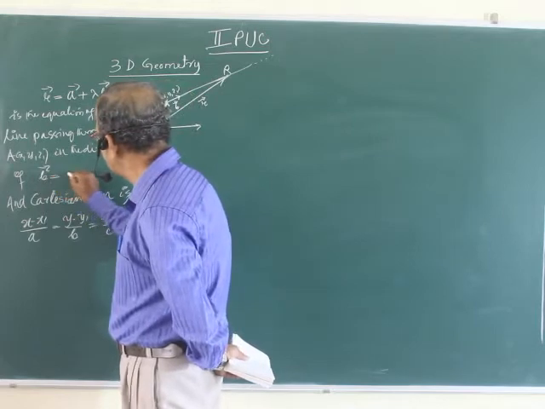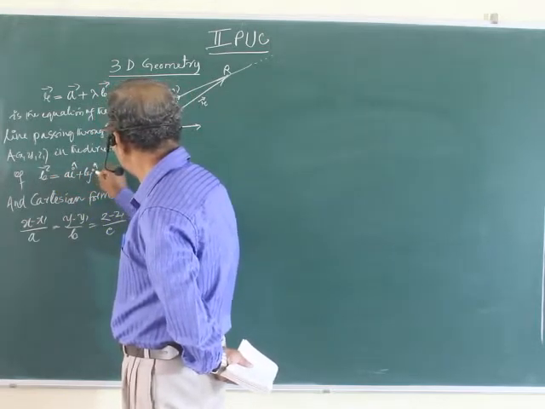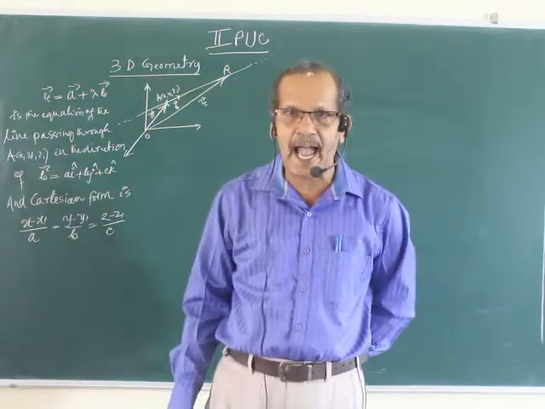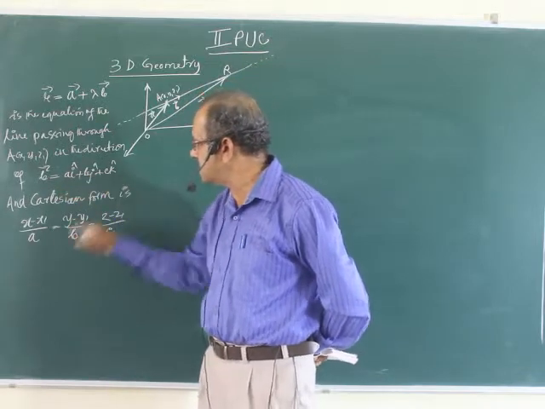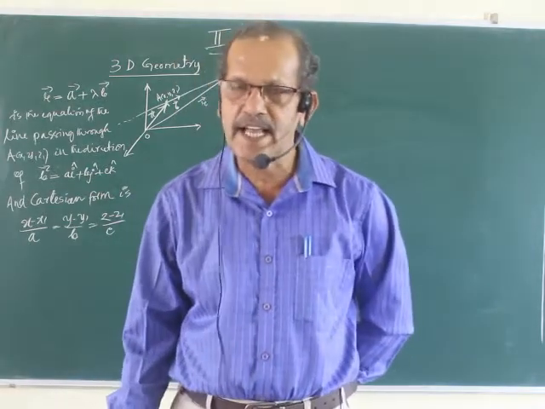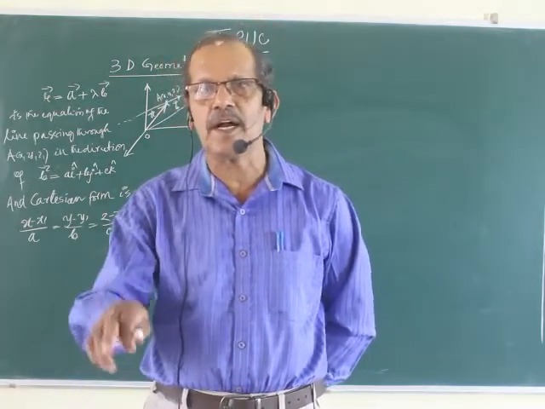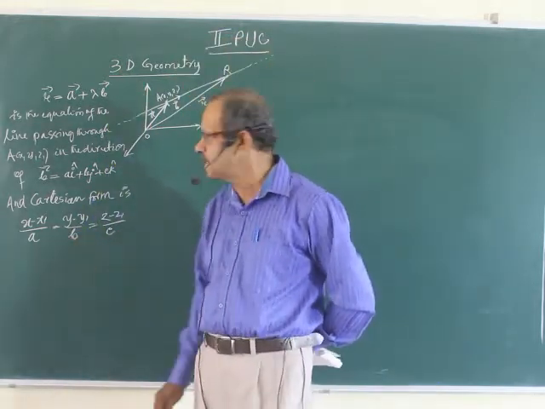I can write it like this also: B equals ai plus bj plus ck. If you write that particular vector B with components a, b, c, then the components come under this particular ratio. Actually, they are not called components or coefficients, they are called direction ratios, remember.